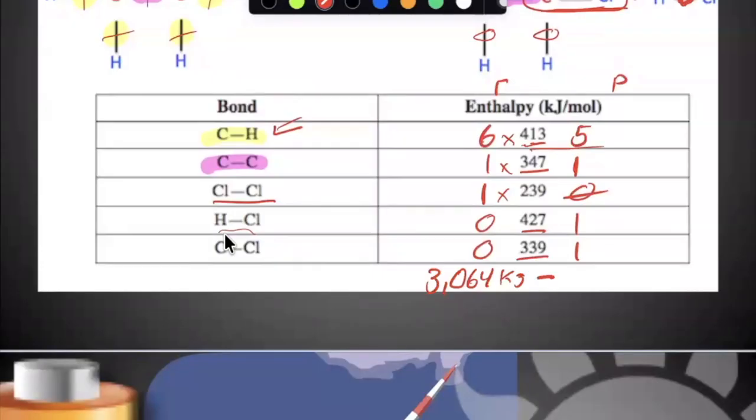And that's going to come out to 3,128. Okay, and 3,064 minus 3,128 is negative 64 kilojoules. So that's your answer. And that's all there is to this one.